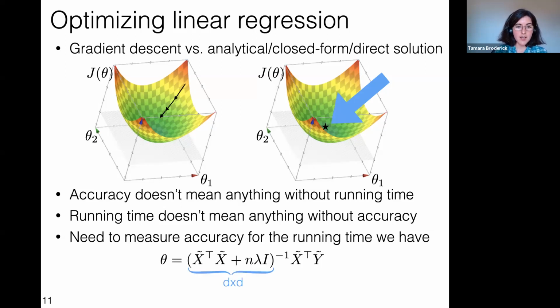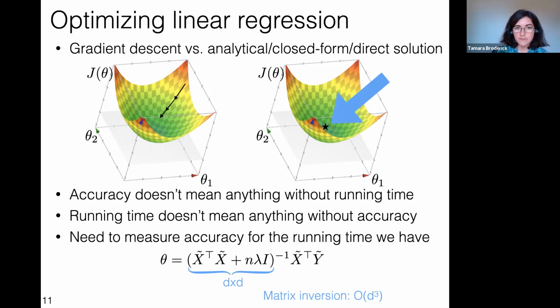In particular, we just said on a previous slide that this is a D by D matrix within the inverse. And a fact of life is that matrix inversion is somewhere between quadratic and cubic in D, nearer to cubic. That's just extremely expensive if D is large.